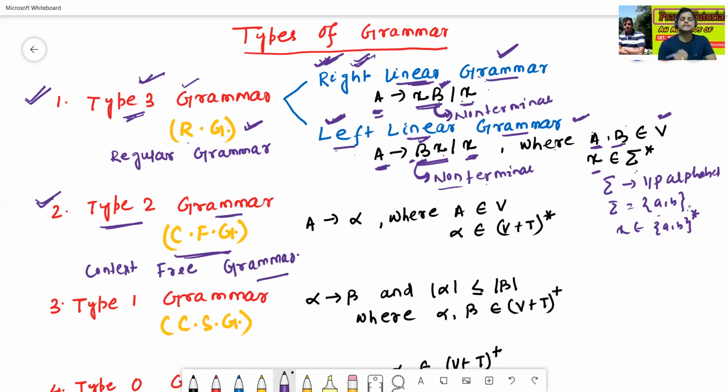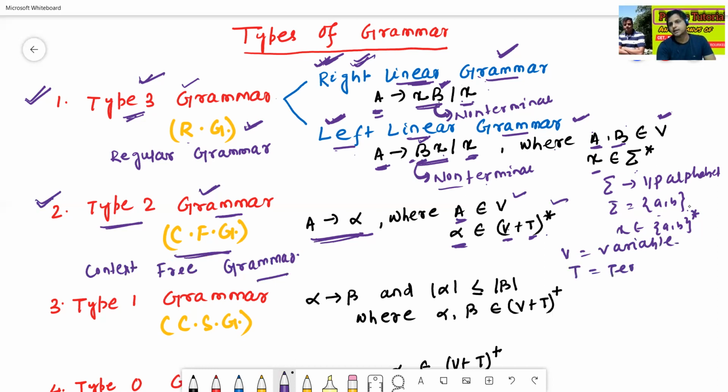So what is type 2 grammar? If the grammar is in the form A to alpha, it is called type 2 grammar, where A belongs to V, meaning variable or non-terminal, and alpha belongs to (V plus T) whole star. V means variable, and T means terminal.